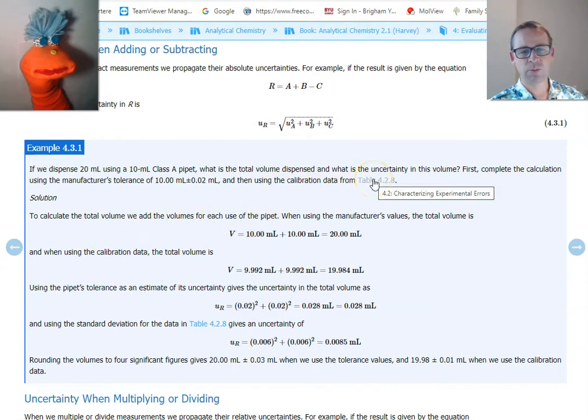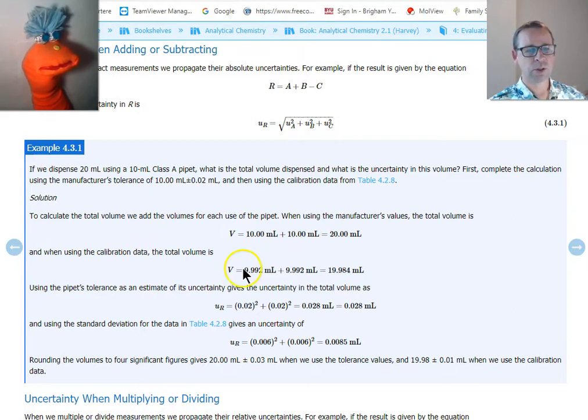Okay? And if you use the calibration data, let's see, where did they get the calibration data? Here it is from table 4.28. If you use the calibration data, and again, you can make your own calibration data for your specific tool, then you would use the volume of that calibration data and add them together. And for this first set here, if you just said, oh, it's 10 milliliters, I'm going to use 10 milliliters, then you have to use the uncertainty that comes on the pipette, and the resulting uncertainty would be that 0.02 squared for that 10 milliliters, and then the 0.02 squared again for that 10 milliliters.